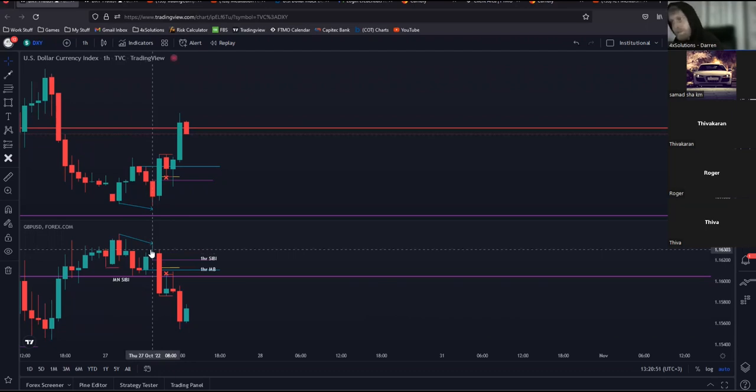In the 1 hour, 1 minute also, it's showing the same story now. So this is a 1 hour breaker or 1 hour mitigation. That means if you are doing it from a 1 hour, you go down to a lower time frame and look for SMT because the breaker is on a 1 hour. The same rule would apply if it was a 4 hour.